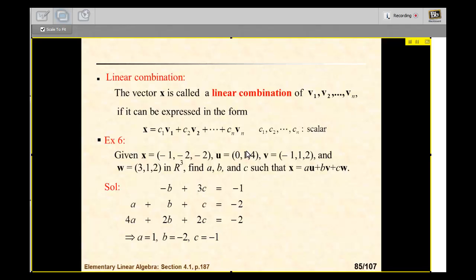Similarly, the next is 1a, 1b, and 3c will be equal to minus 2. So we get three equations in three unknowns. We can solve these by Gauss elimination or the Gauss-Jordan method, and we will get the result.